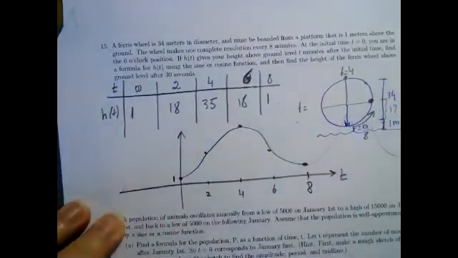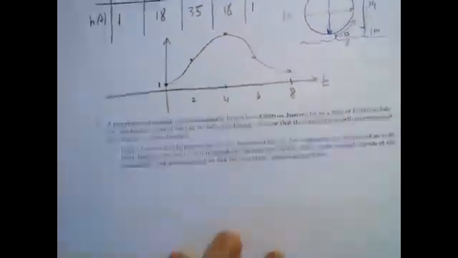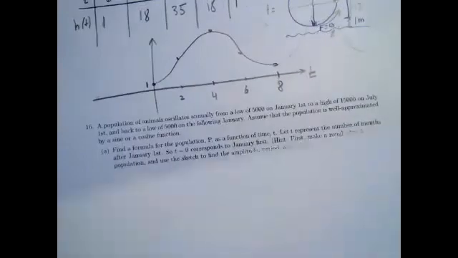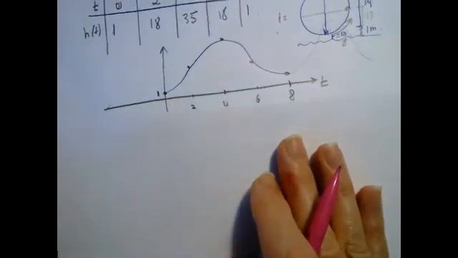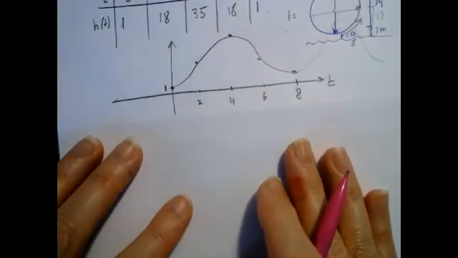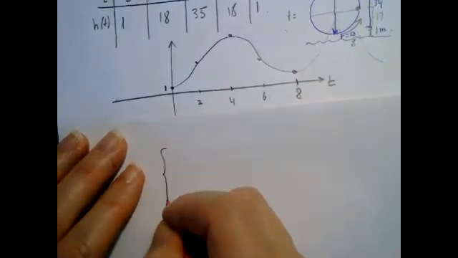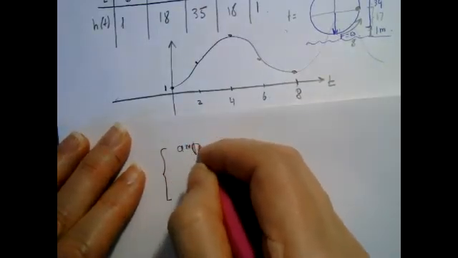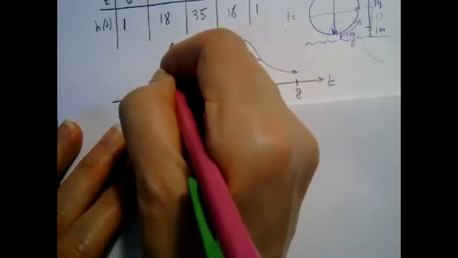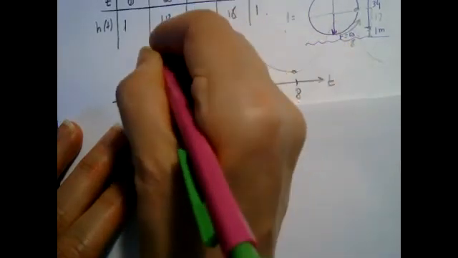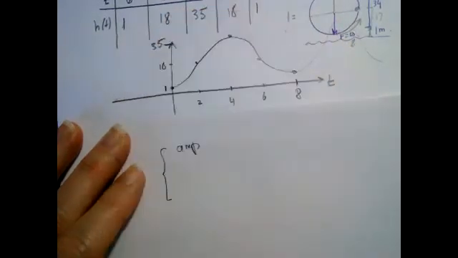So now I need to find a formula for this. And then I'm going to ask you a question. So what's going to be the formula? I need amplitude. So now this is my 18 here, and this is my 35.